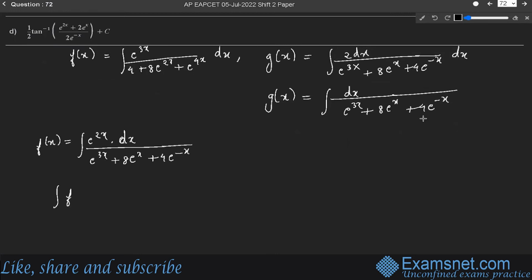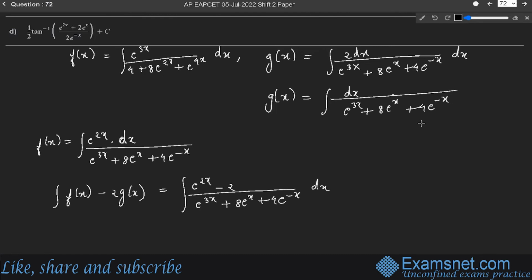Therefore, integral of f of x minus 2g of x. See, we have taken 2 outside from g of x, so it will be 2g of x. This will be equal to integral of e to the power 2x minus 2 divided by e to the power 3x plus 8 into e to the power x plus 4 into e to the power minus x dx.